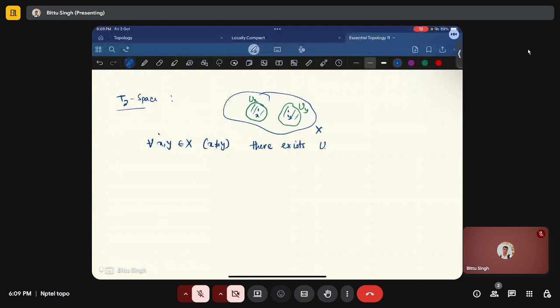So if a topological space X satisfies this property, then we will call it a Hausdorff space.